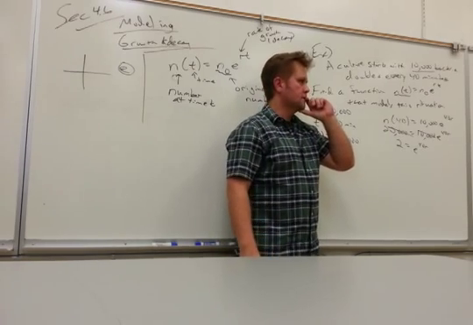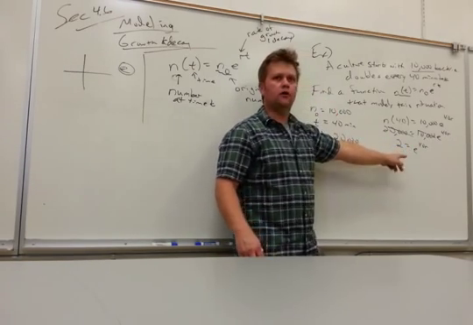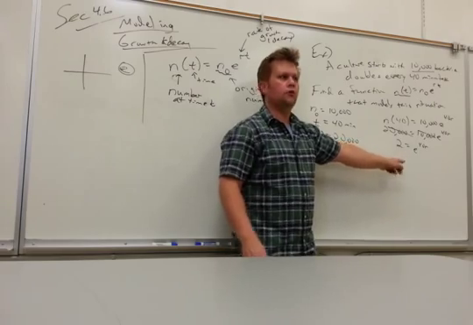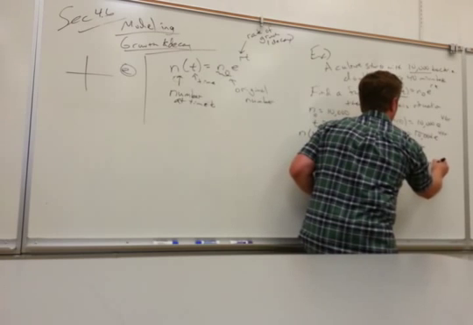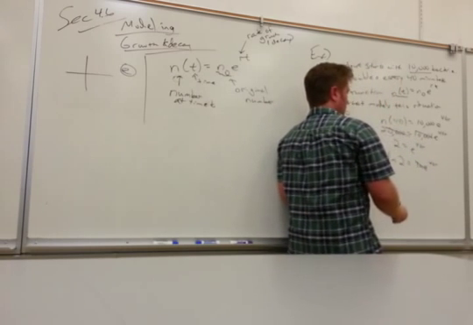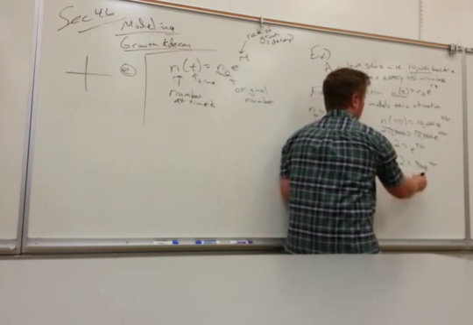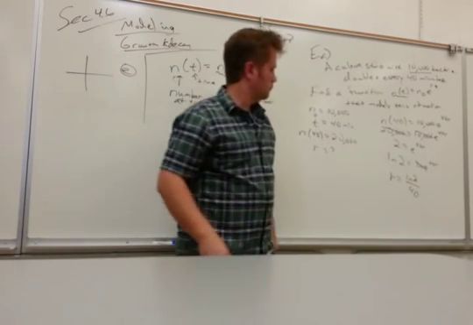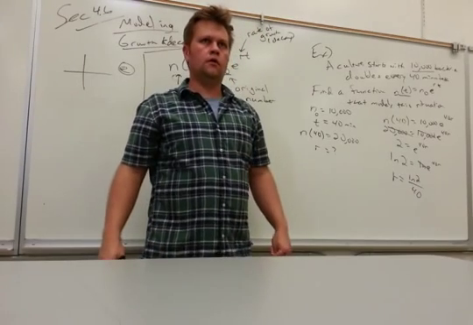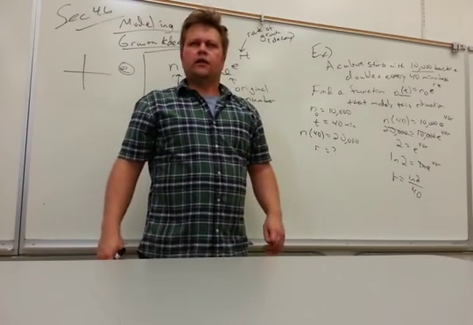Okay? And then how do I solve that for r? Beautiful. Take a natural log. So I've got r equals ln of 2 over 40. And then whatever that is.